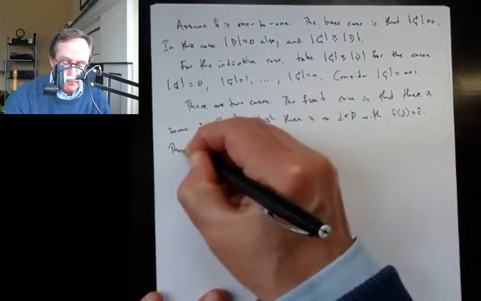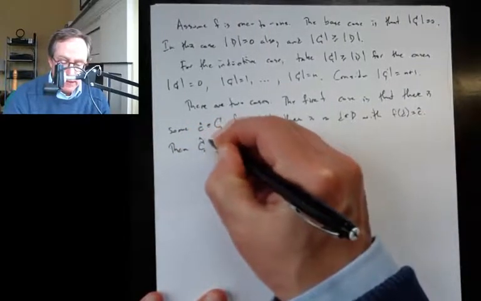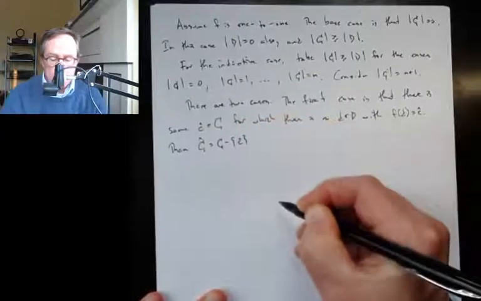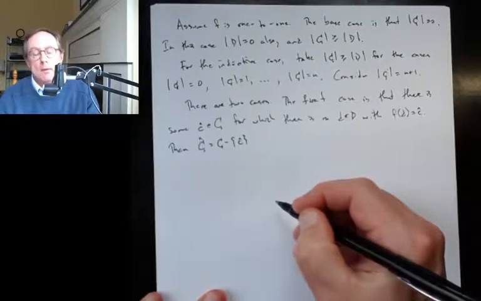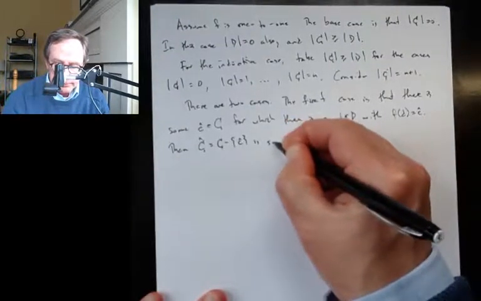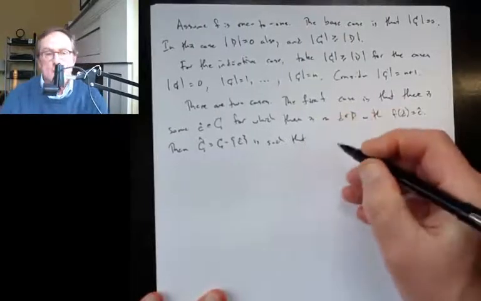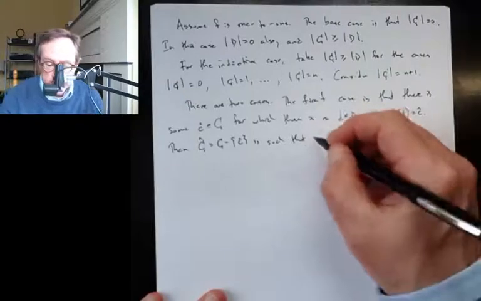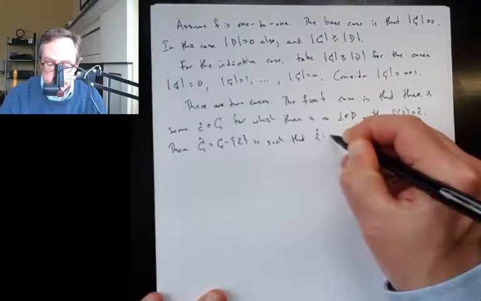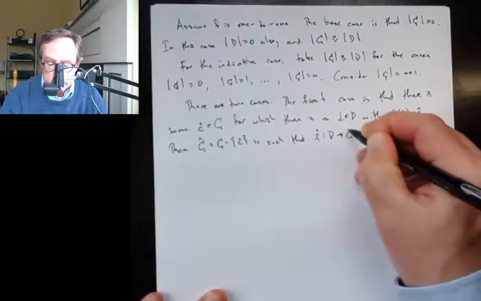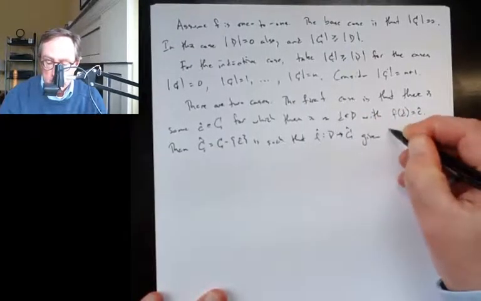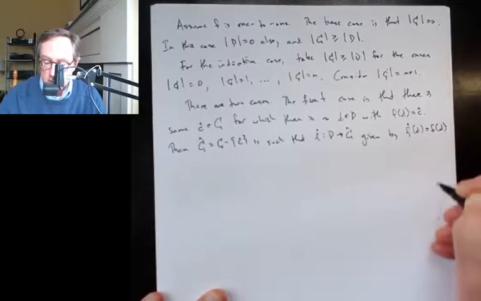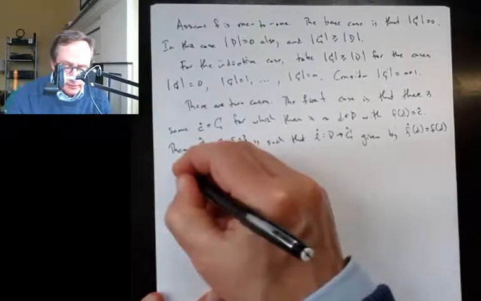Then C hat, I'm going to call that C take away little c hat, is such that the restriction of f to D and C hat, given by f hat of D equals f of D, is again a one-to-one function.